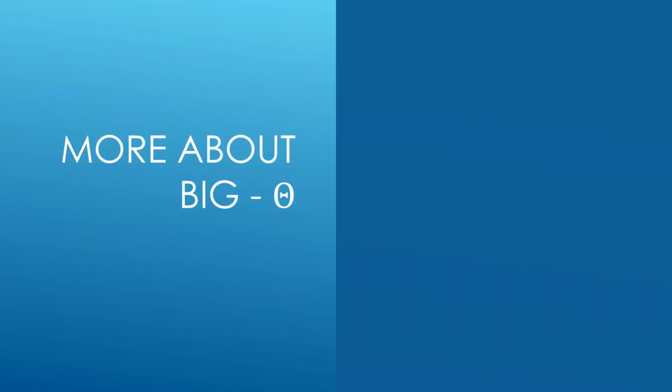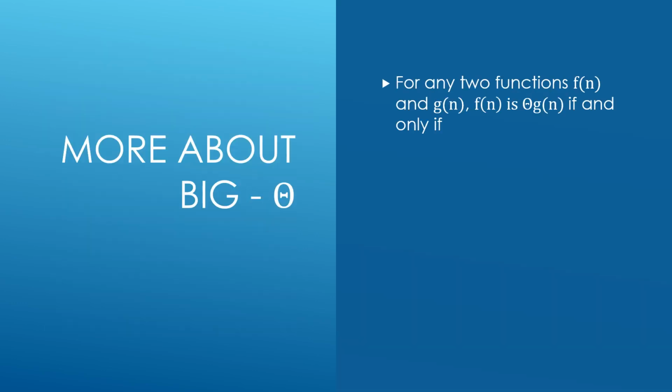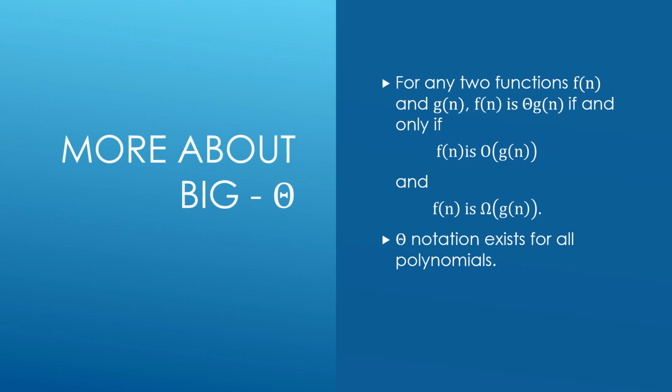More about big theta. For any two functions f(n) and g(n), f(n) is theta of g(n) if and only if f(n) is O of g(n) and f(n) is omega of g(n). Theta notation exists for all polynomials.